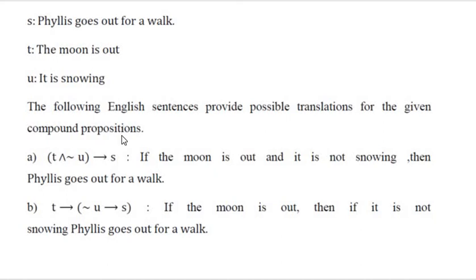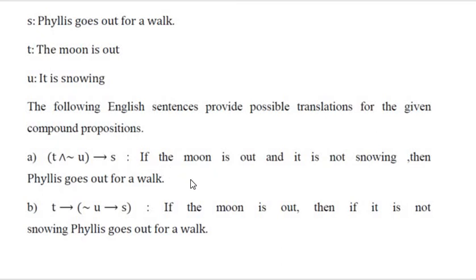Now, using logical connectives, we can consider the compound proposition T and negation U implies S. If we consider T and negation U implies S, then we can make an English sentence corresponding to this compound proposition.